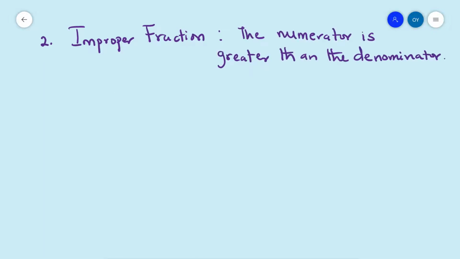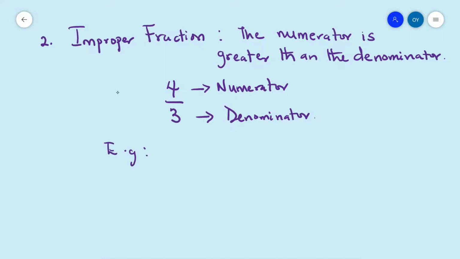The second type of fraction is the improper fraction. Here, the numerator is greater than the denominator. That is, the number on top is greater than the number at the bottom. An example is 4 over 3. 4 over 3 is an improper fraction because the number at the top is greater than the number at the bottom.